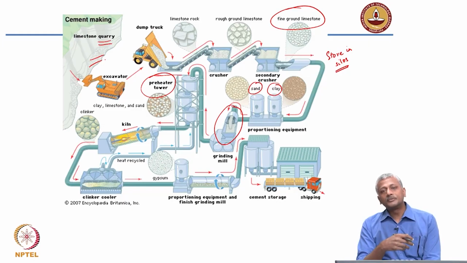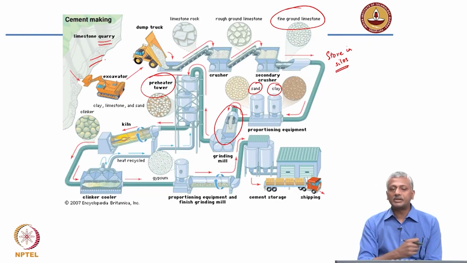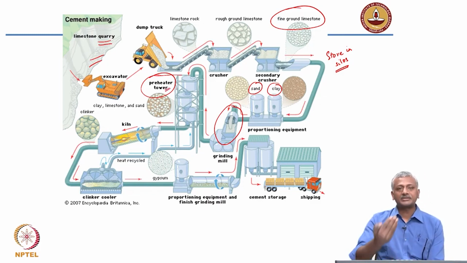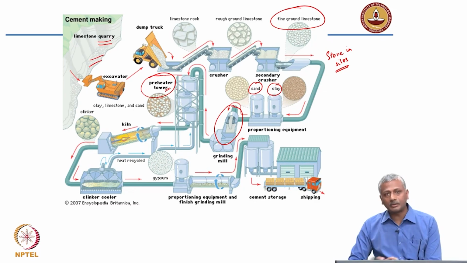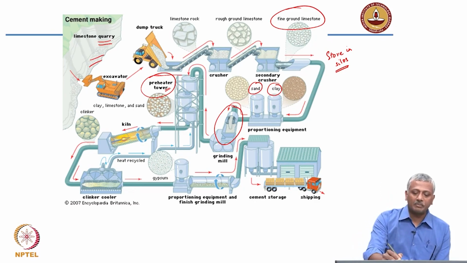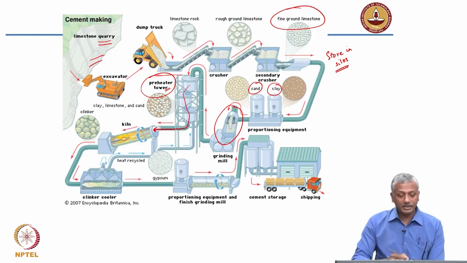So, without spending too much energy trying to drive off this water, you send it to the preheater tower where any extra water in the raw material gets removed. The materials then blend together properly and are introduced into this chamber called the kiln.